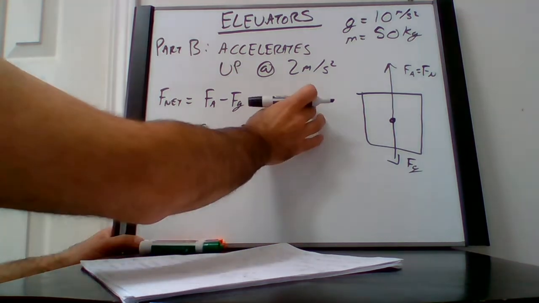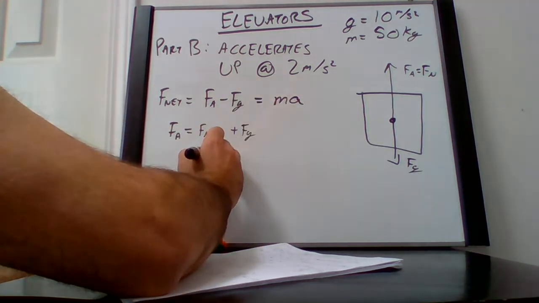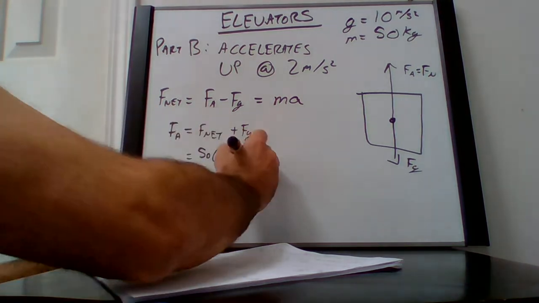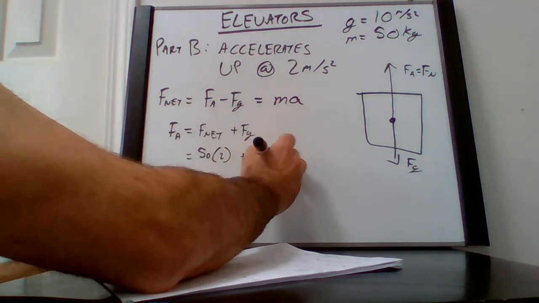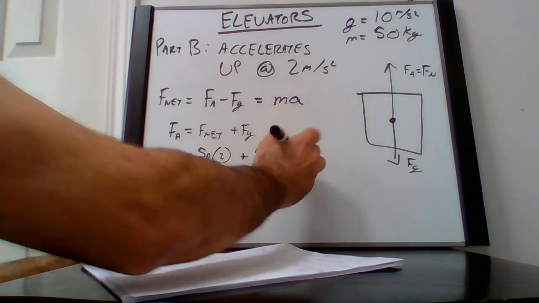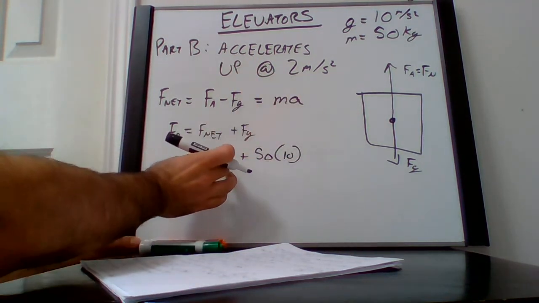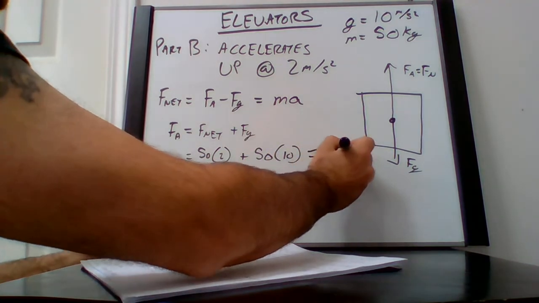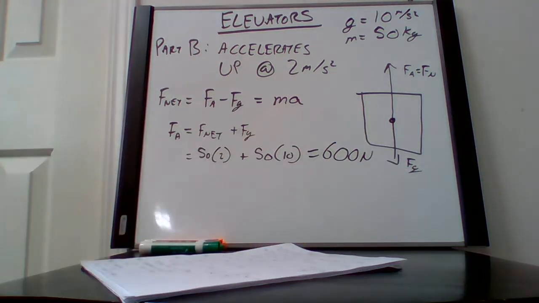Well, F net is mass times acceleration. So we have 50 kilograms multiplied by our acceleration upwards of 2, plus we have our mass times gravity, like we said from the first one. So we're going to end up with 100 newtons plus 500 newtons gives us a 600 newton value that we're going to see on the scale.